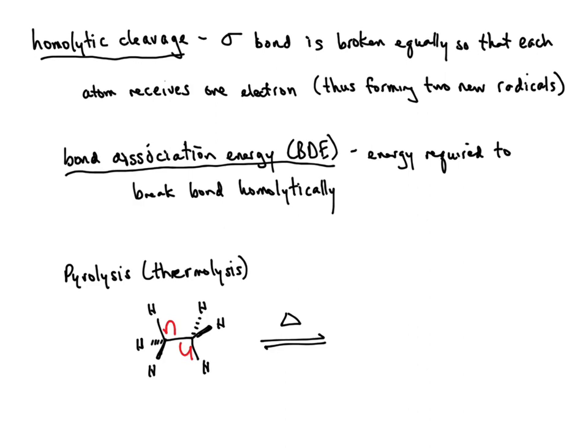That sigma bond, those two electrons, get moved to each of the two carbon atoms. And so the net result is that you'll have two methyl radicals, which are not very stabilized, but you can see that this homolytic bond cleavage leads to these two radicals. And so for ethane, the BDE is 90 kcals per mole.